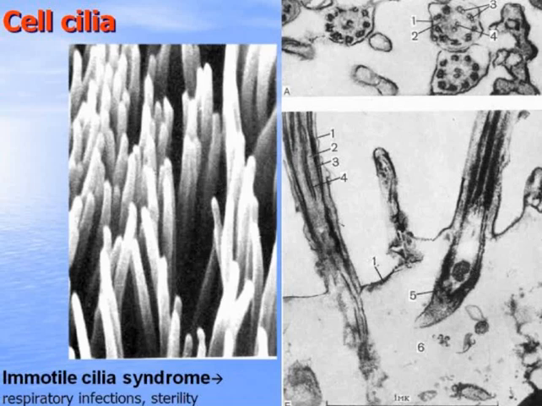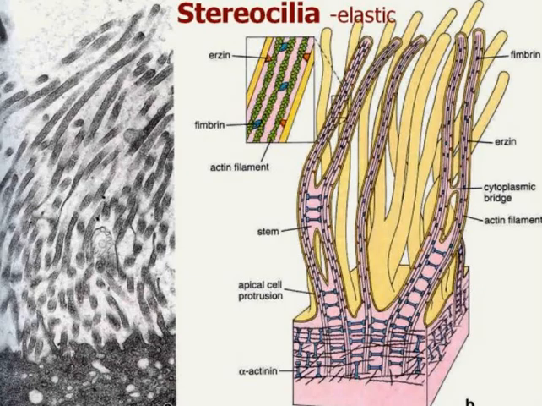You see cell cilia under scanning electron microscopy like grass in a field. You see the transverse section of cilia under transmission electron microscopy, the pair of central and 9 pairs of peripheral microtubules. And this is a longitudinal section of cilia with the basal body. Stereocilia cannot move actively.